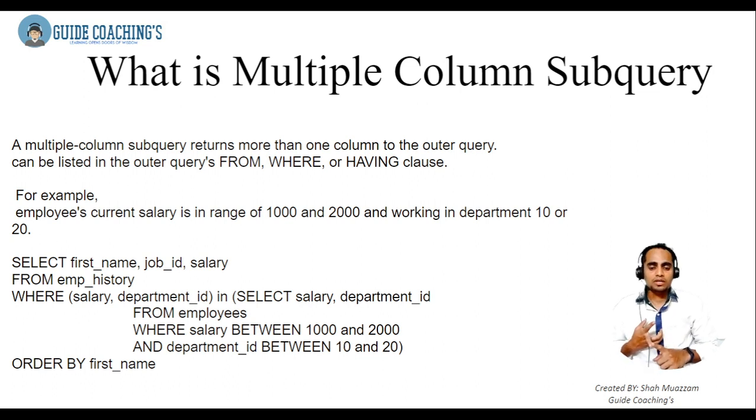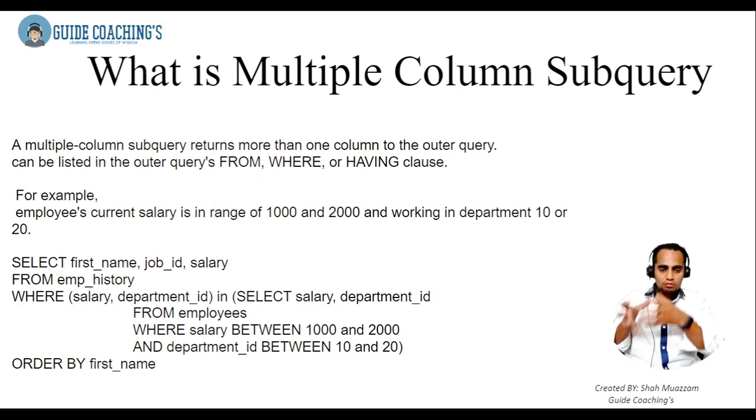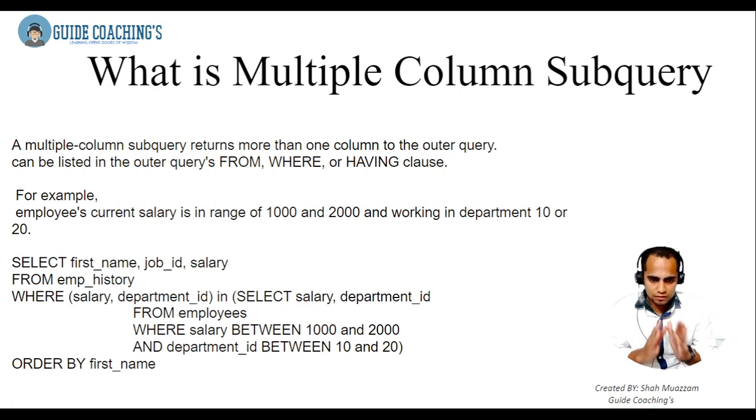This is my first condition, and department id is between 10 and 20. So I will be getting those records, then I will be putting them into IN. I will be getting definitely multiple records. Just hypothetically assume that there are multiple records. We will be seeing the example, but first of all understand this.